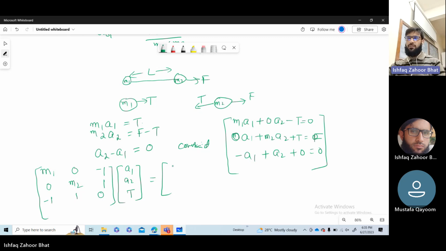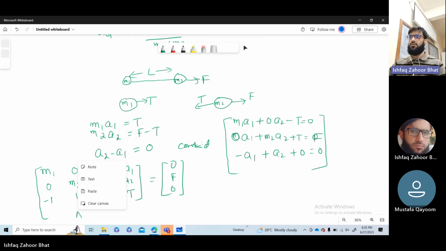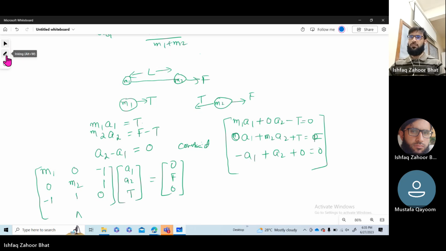So basically we have this matrix and you can see everything here is constant. So I will just call this matrix A. And I will call this matrix Z dot.